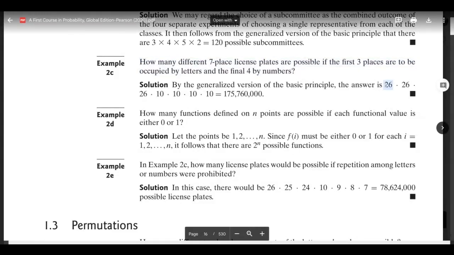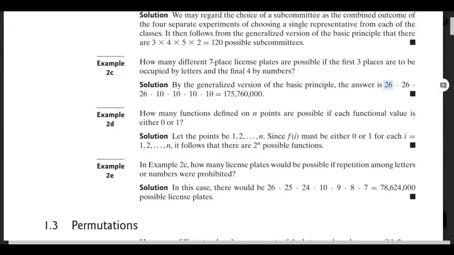So I have 26, A, B, C, D up to Z. We have 26 letters to use. How many digits can we use? From 0 to 9, that's 10 digits. With 0, 1, 2, 3 up to 9, we have 10 digits to use.